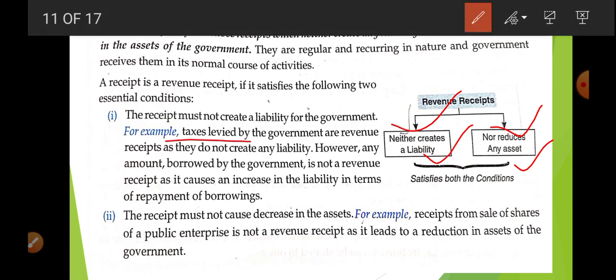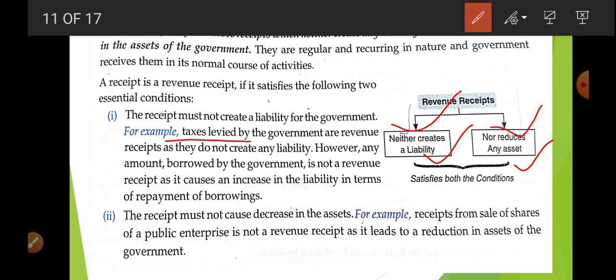Now what are the examples? Tax: whenever we purchase anything, like shampoo, soap, cloth, grocery items, stationery items, anything you buy, you are paying indirect tax. This indirect tax becomes income of the government. In the same way, if your father is working, he has to pay income tax.